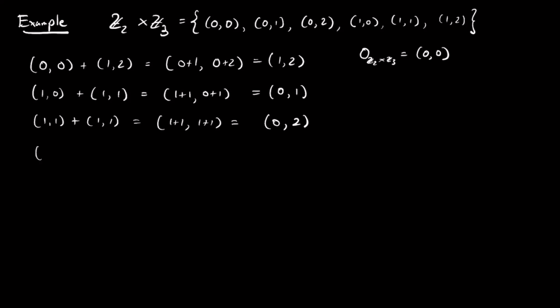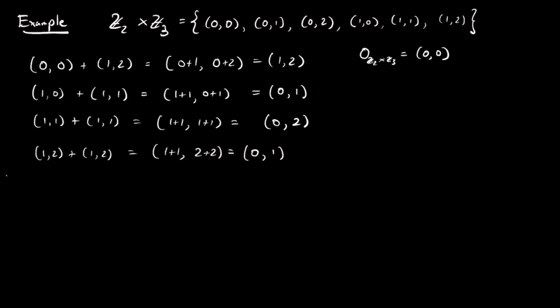We can do (1,2) plus (1,2). This is going to be 1 plus 1, 2 plus 2. 1 plus 1 in Z mod 2 is 0, and 2 plus 2 is 4. 4 in Z mod 3 is the same as 1, so this is going to be (0,1). Okay, so this is how these operations look.